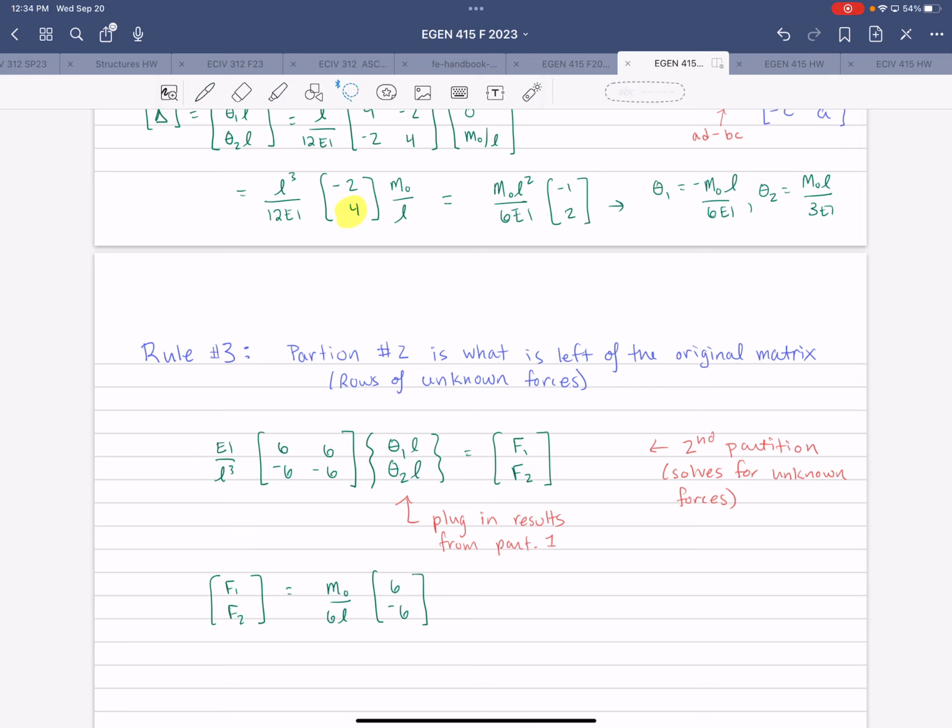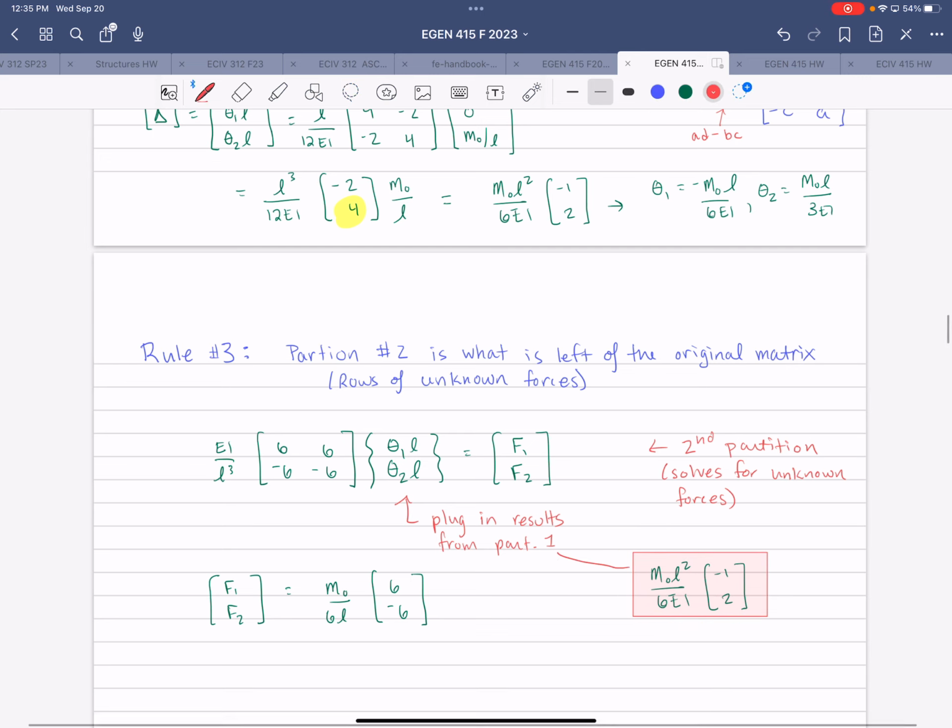So I'm just going to copy this, put it here so it'll show up, and say, all right, that's what goes in there.